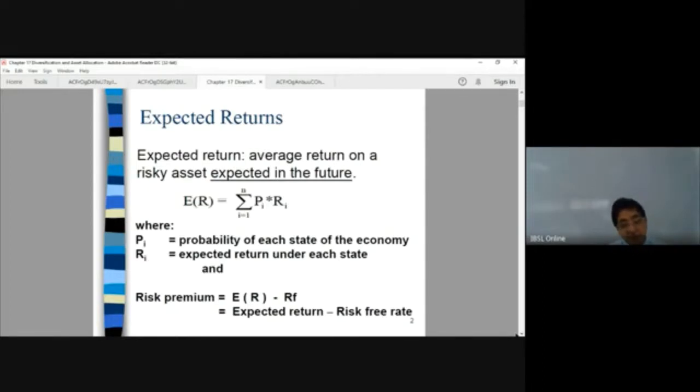Even though we consider these government securities as risk-free, on some occasions they cannot be considered risk-free, because there is exposure to market risk even in government securities.